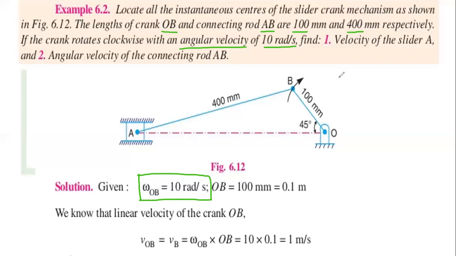Next, we are going to find the velocity of the slider A and the angular velocity of the connecting rod AB. These are the 2 quantities we are going to find.